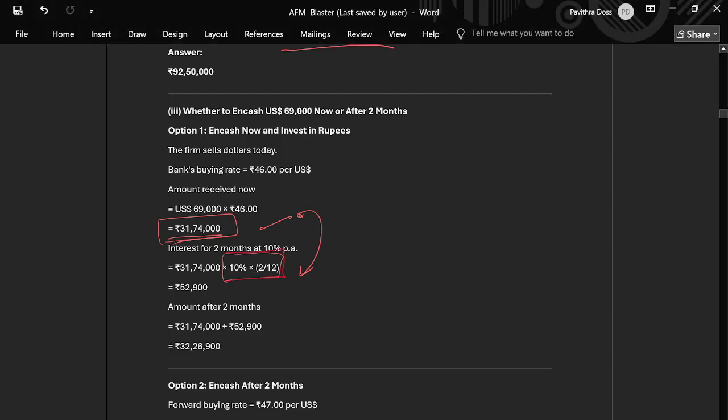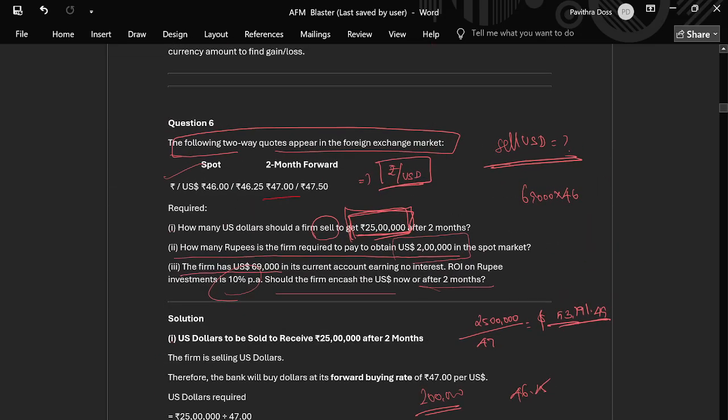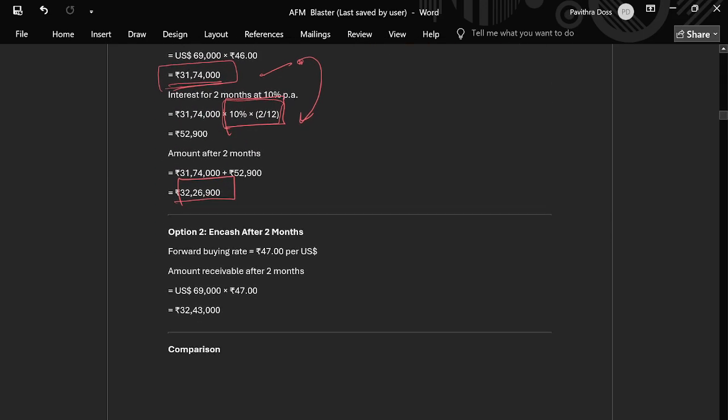If we add 2 months of interest, we will get 32 lakh 26,900. Now if we encash after 2 months, what is the position? If we sell USD then, the rate is 47. So 69,000 into 47 is 32 lakh 43,000, which is clearly the highest. So it is better to do it after 2 months. So this is the solution.